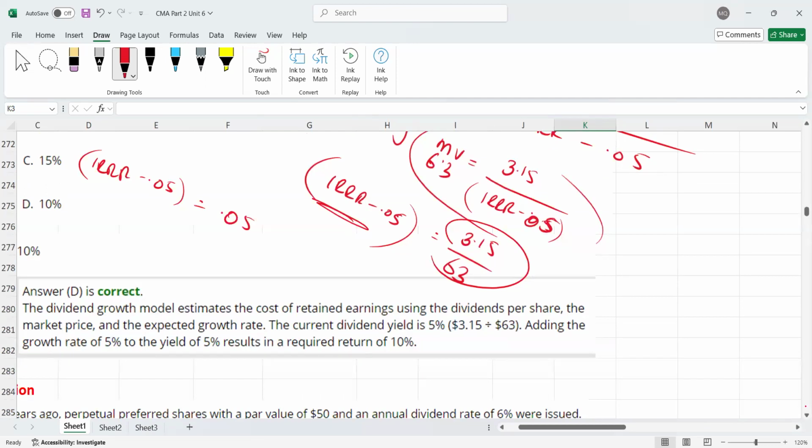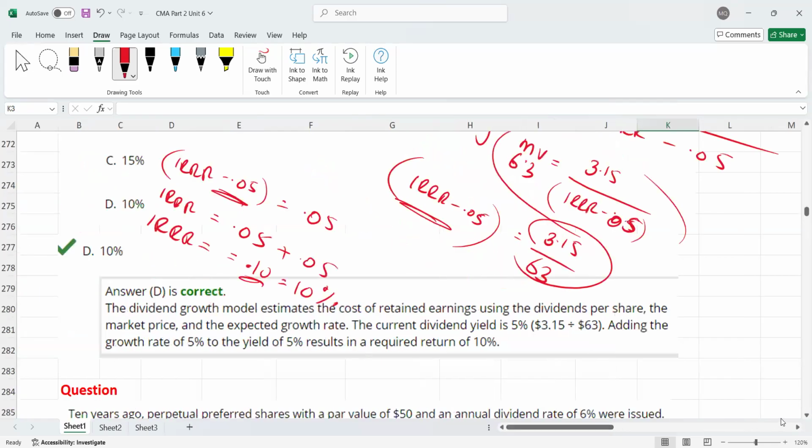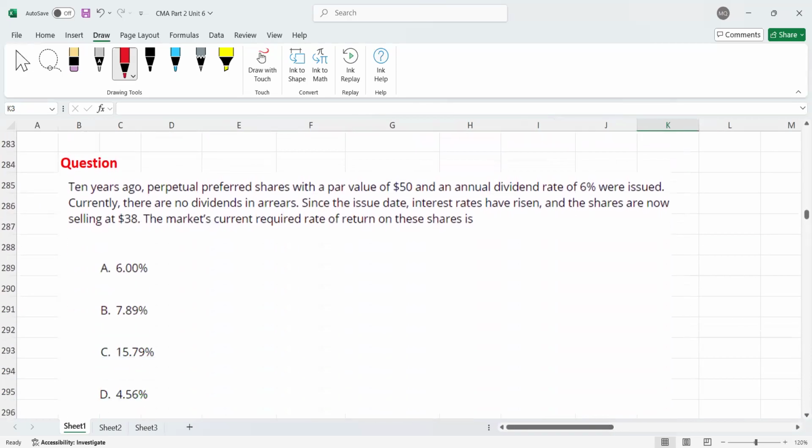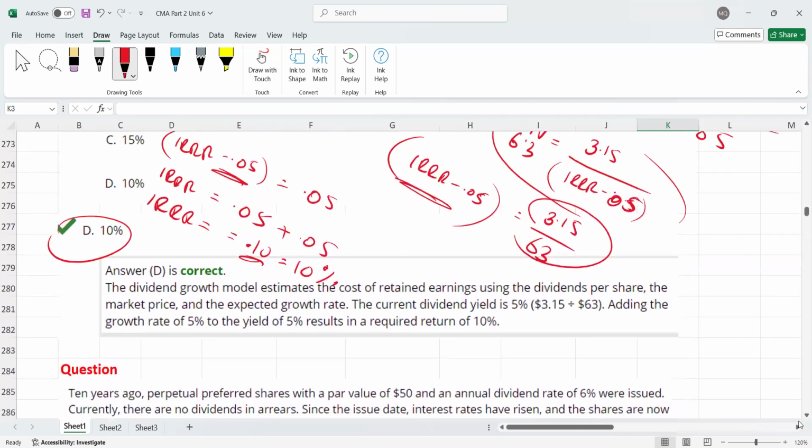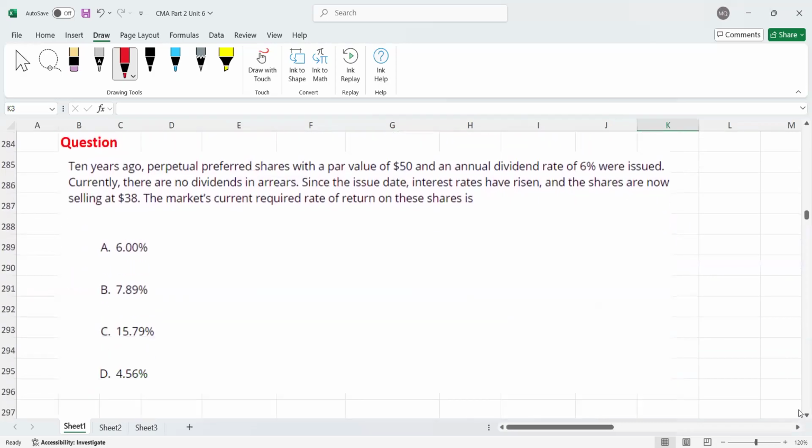Now I want the investor's required rate of return, which will equal 0.05, and this minus will become plus 0.05. So the investor's required rate of return will be 0.10. 0.10 means 10%; if you multiply by 100, you get 10%. So here you have to calculate the investor's required rate of return. The answer would be 10%.